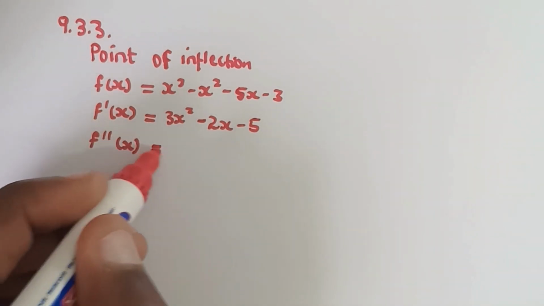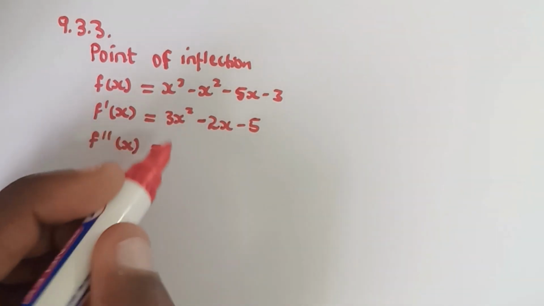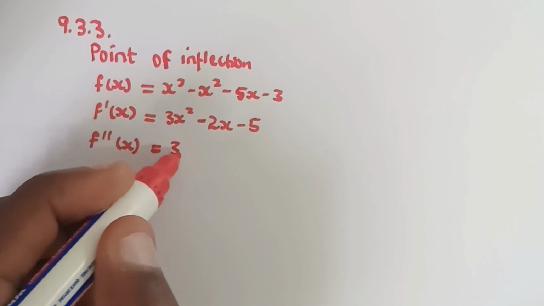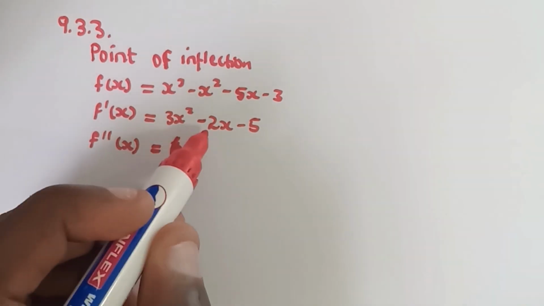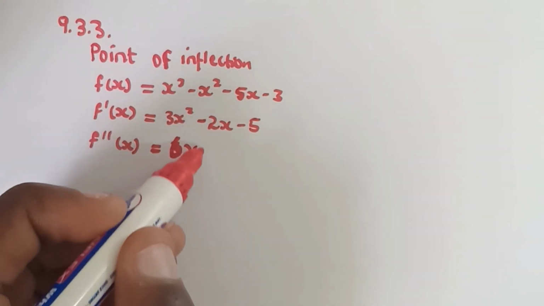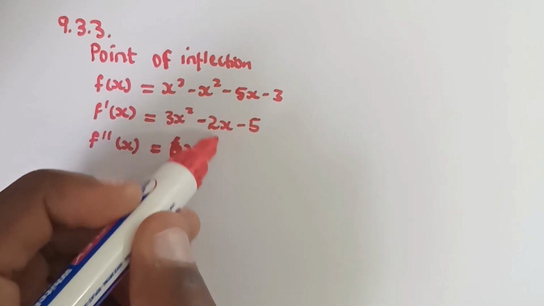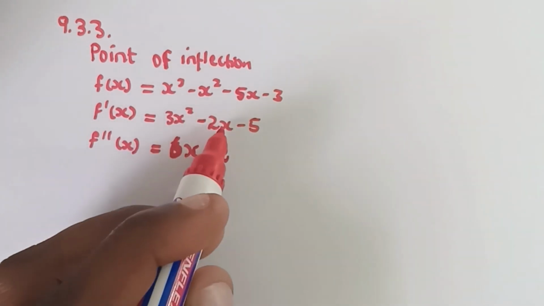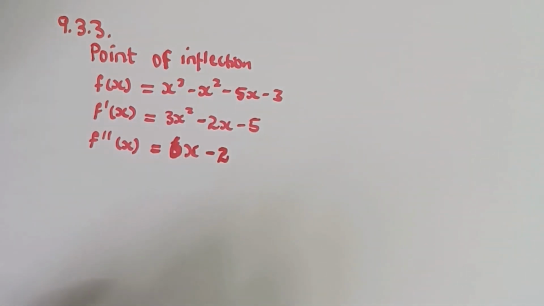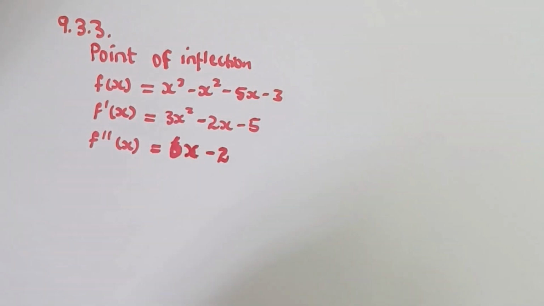So now we differentiate this first derivative: 3 times 2 gives us 6x, and then 2 minus 1 gives us 1. So 1 times 2 gives us 2, and then 1 minus 1 gives us 0. So we're left with 6x minus 2.